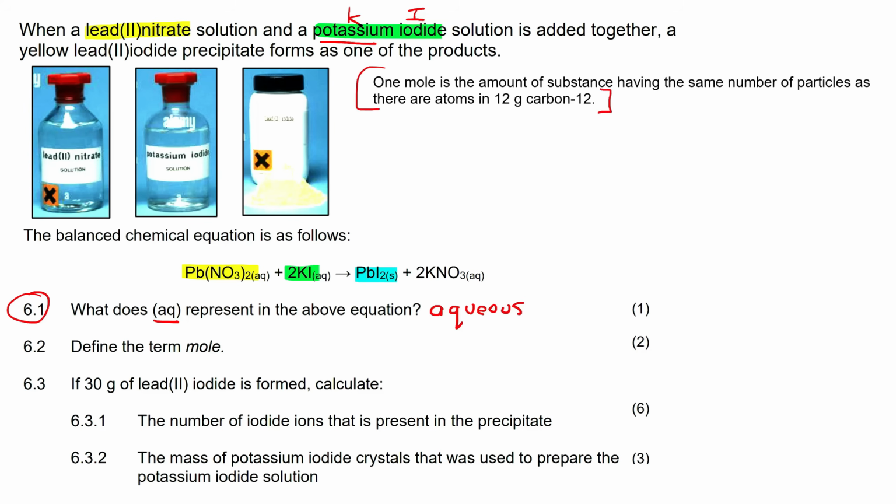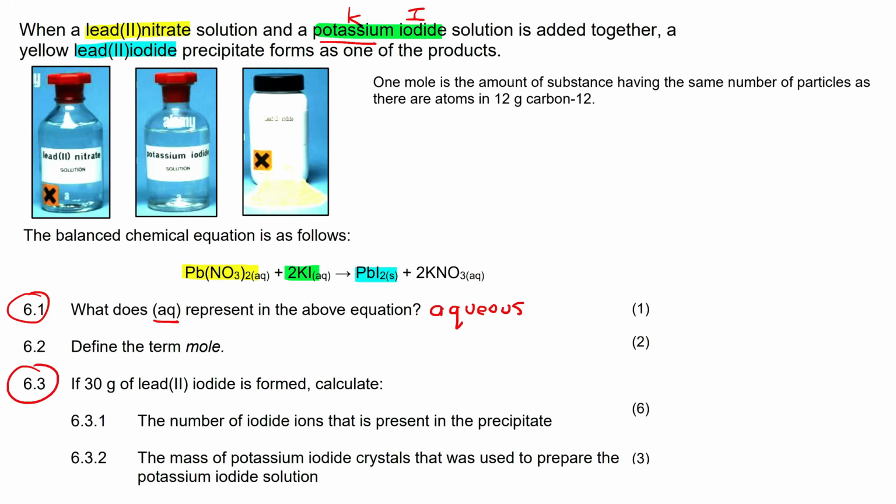Your teacher might use something slightly different. 1 mole is the amount of substance having the same number of particles as there are atoms. Yeah, so that's quite a complex one, but I would just say you should just memorize it. Of course, we could go into the details, but even if I go into the details, it still is a very weird definition. It's not that popular as a definition, so I'm not going to go too far into that one. Okay, let's move on.